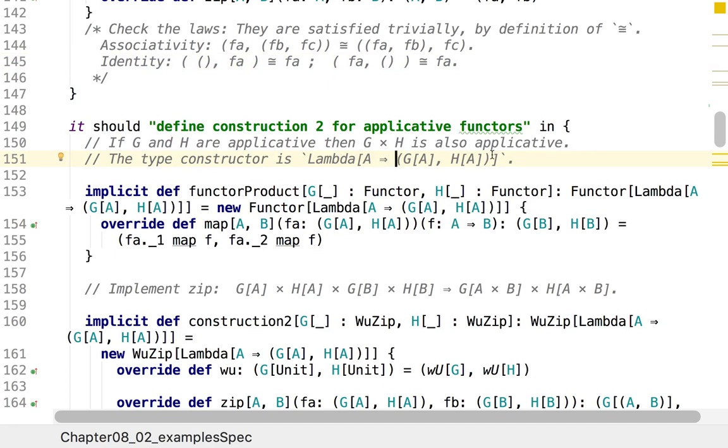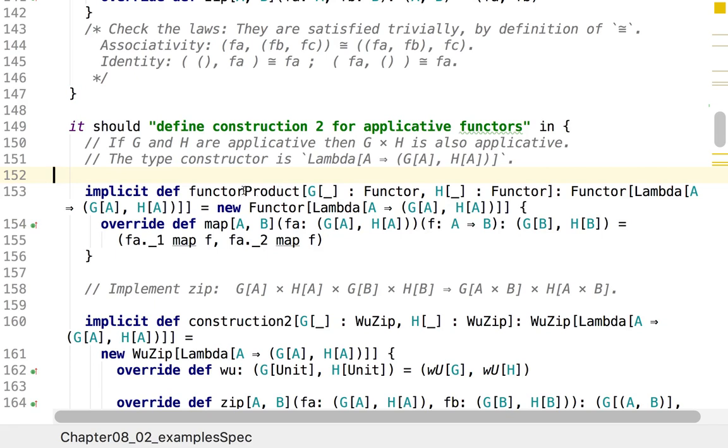And this is the syntax that represents the type constructor that is the product of G and H. So it takes a type parameter and returns this type. So this is just a syntax for a type function written like this. And lambda is a keyword that the plugin defines.